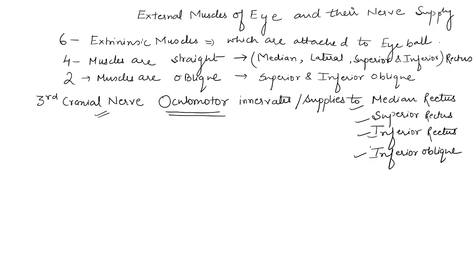The fourth cranial nerve, trochlear, supplies the superior oblique.